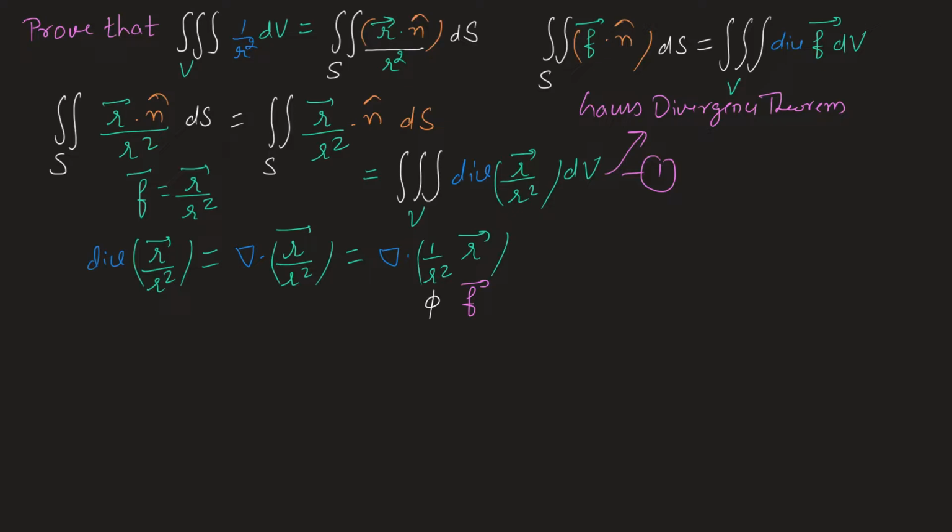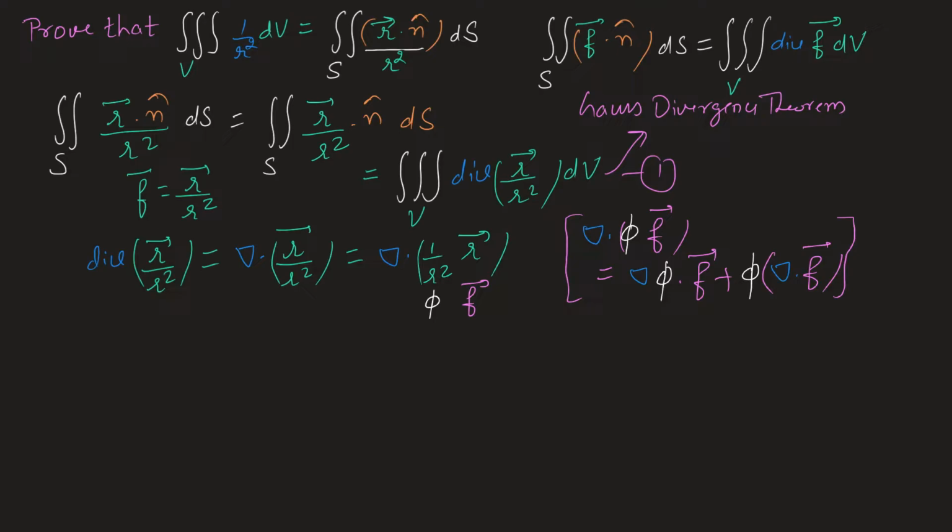We assume 1 by r square as phi and r as F vector. The formula is del dot phi F, where phi is a scalar function and F is a vector field, is equal to del phi dot F plus phi times del dot F vector.